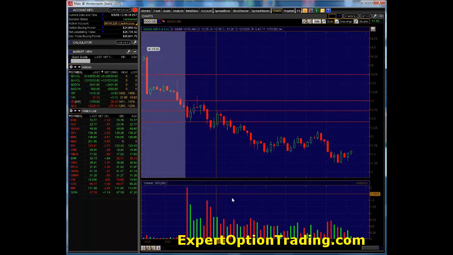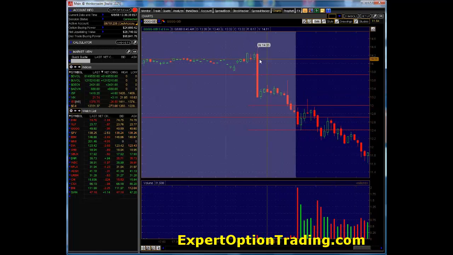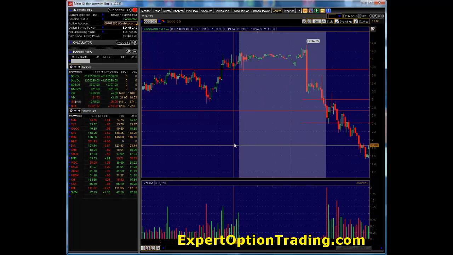Now you can see the way I have this set up is that I trade and I follow the overnight sessions. The overnight session is in this light blue area right here. And right around, I guess it was about 8:30 this morning, trading started opening up around 7:30, I guess, this morning.